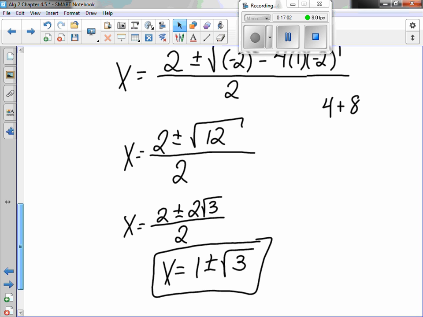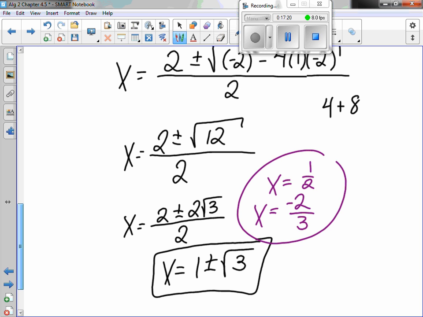So how many answers do I have here with 1 plus or minus the square root of 3? 2, because we have 1 plus the square root of 3 and 1 minus the square root of 3. So we also know x is equal to negative 2/3 and x is equal to 1/2. And we're done. Those are all the solutions for this here. Questions on this here?